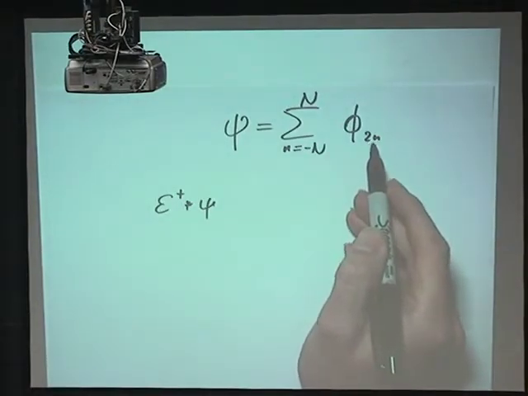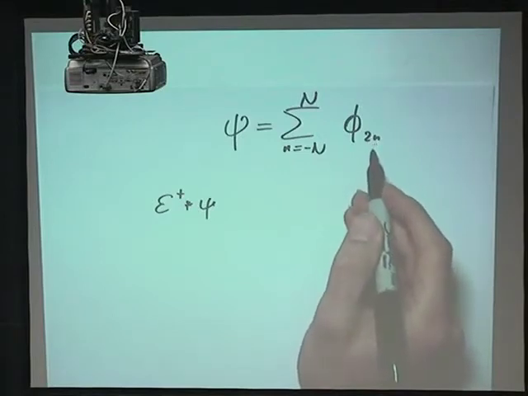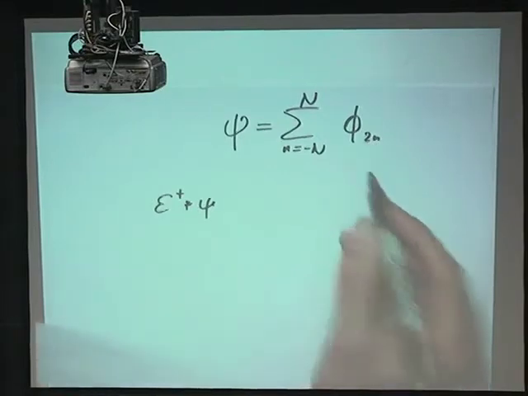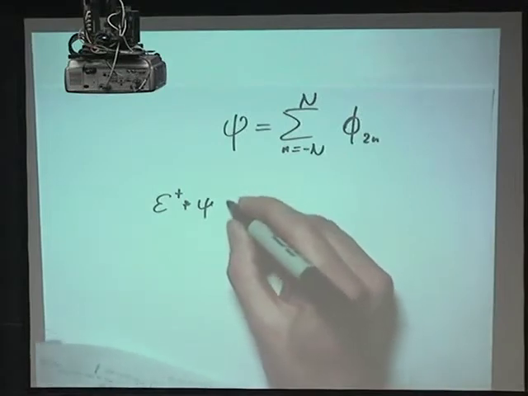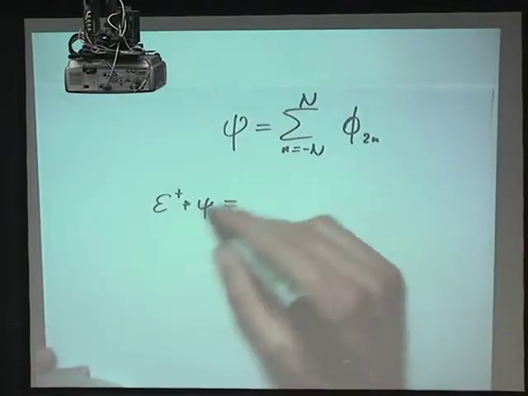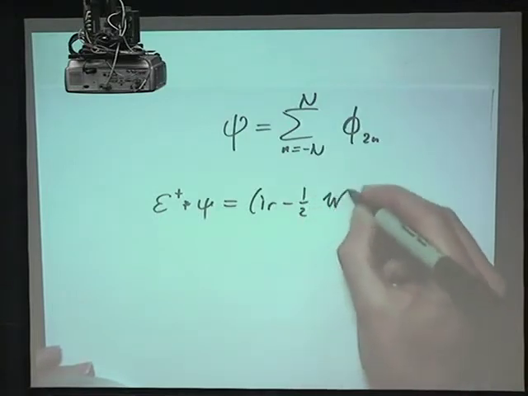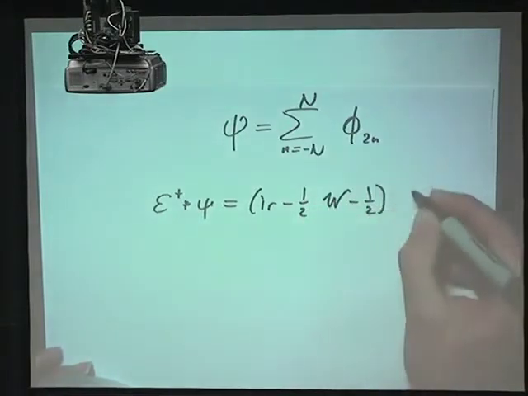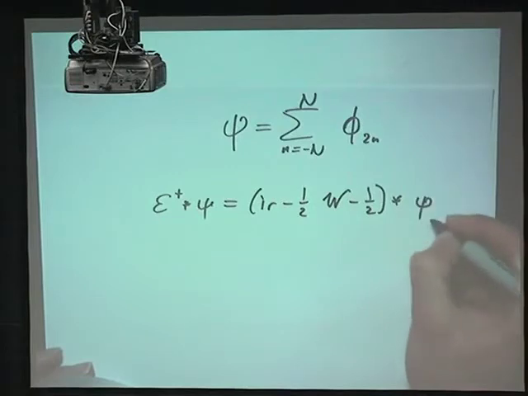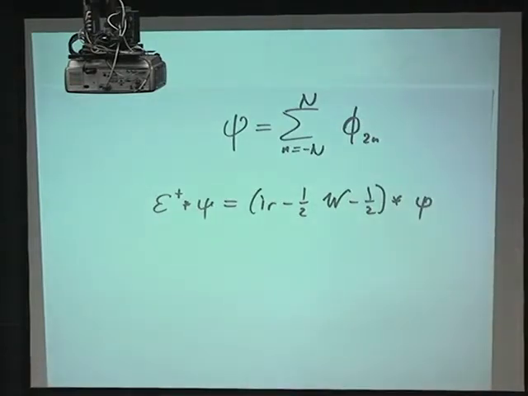But I have another function that takes into account the n, which is just the w. So one can check that this is equal to i R minus 1/2 W minus 1/2 applied to psi, which isn't quite true. There's something else that happens, but that something else is irrelevant for us.